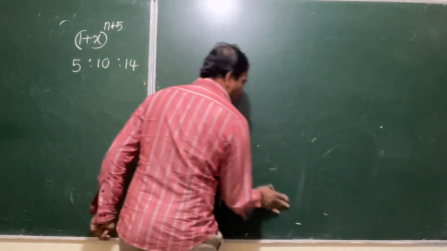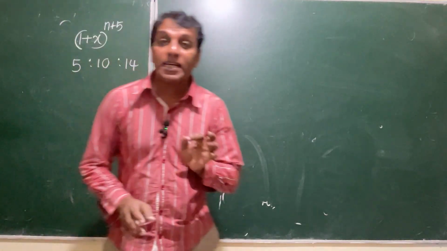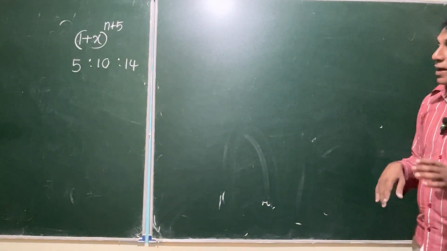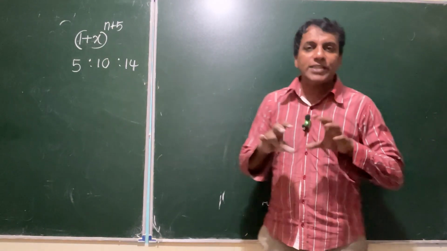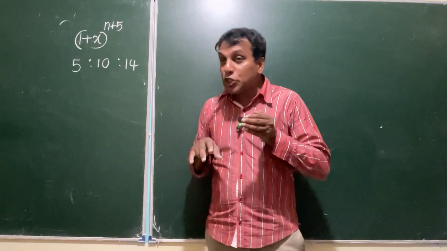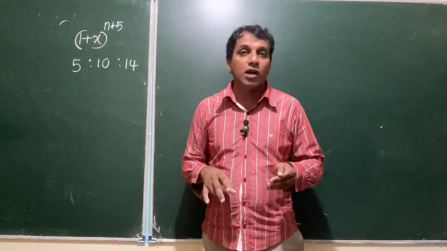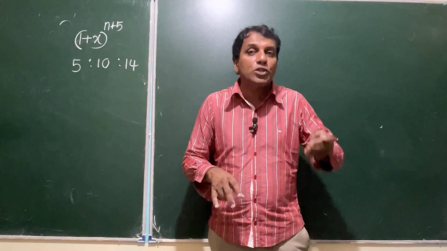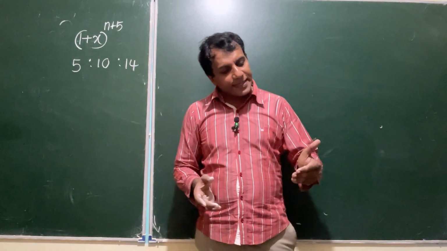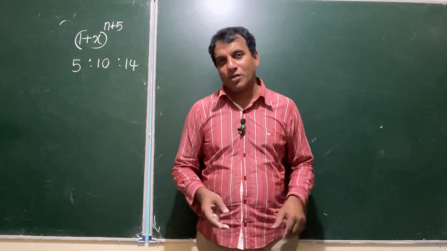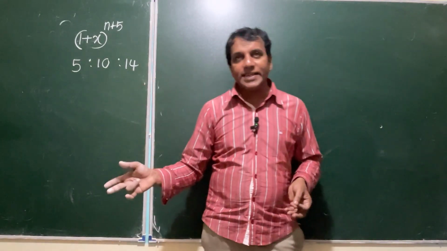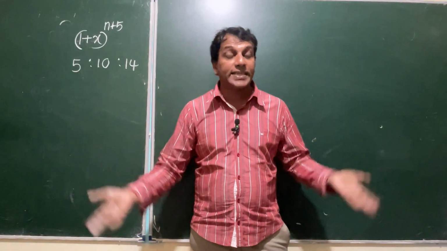If I revise the problem once again, consider the binomial expansion (1 plus x) to the power n plus 5. When we expand this, the problem concerns the ratio of the coefficients of consecutive or successive terms. For example, the 10th, 11th and 12th terms, or the 8th, 9th and 10th terms, or the 20th, 21st and 22nd terms.